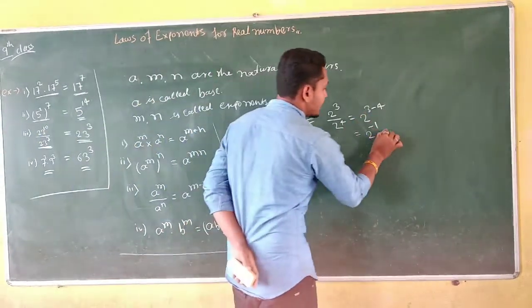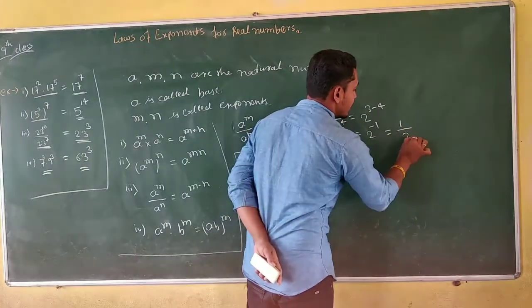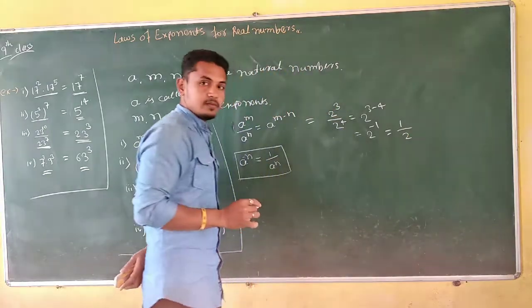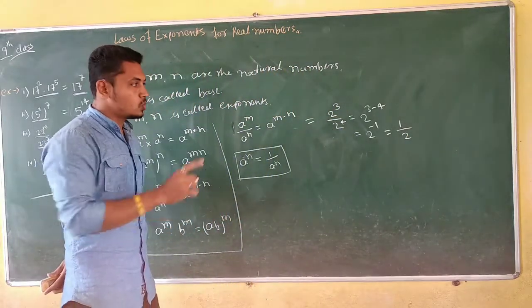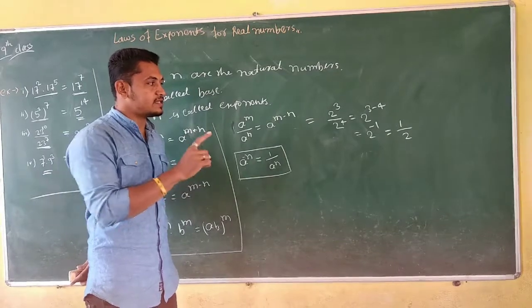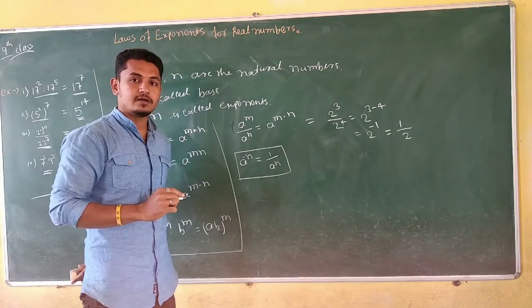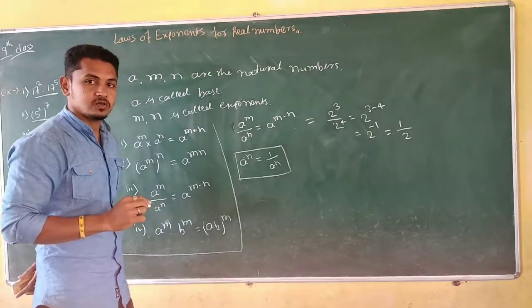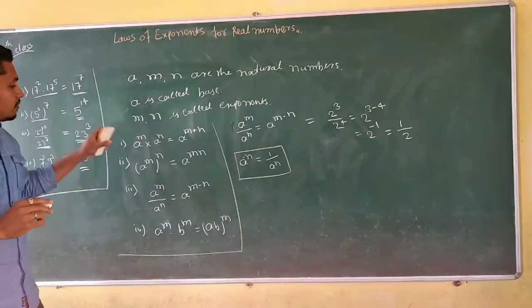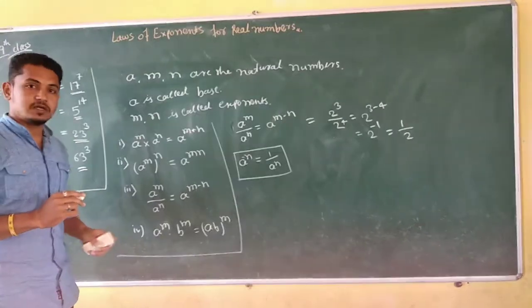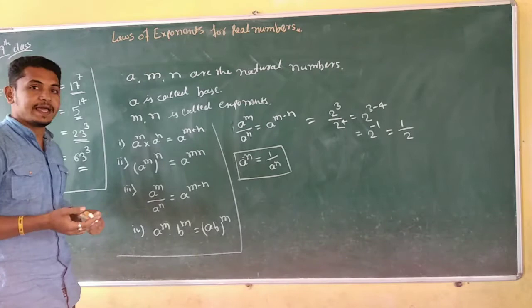And 2 to the minus 1 we can write as 1 divided by 2. Is it right? Understood? Next, by using these laws of exponents, we have to solve some examples.